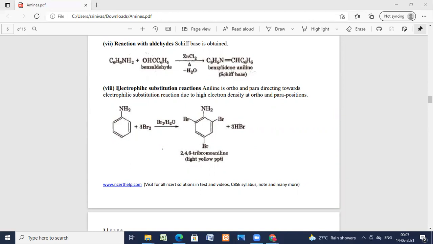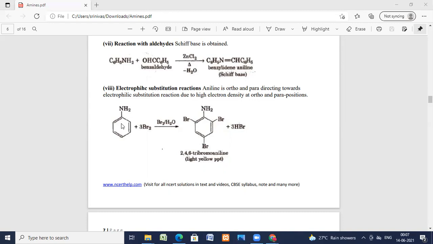Coming to the next reaction, electrophilic substitution reaction. Aniline is ortho and para directing towards electrophilic substitutions, due to high electron density at ortho and para positions.